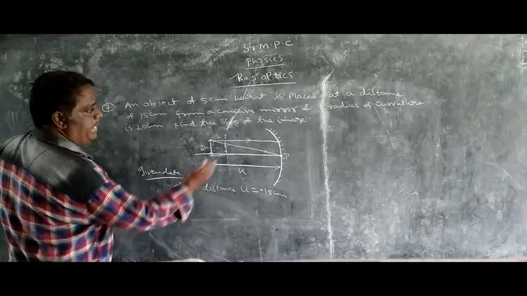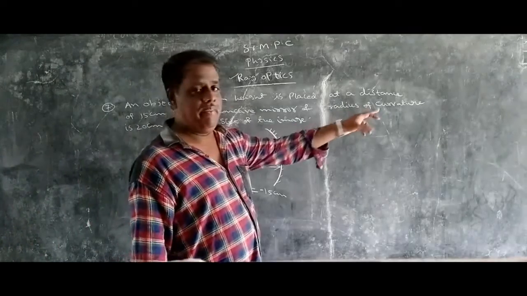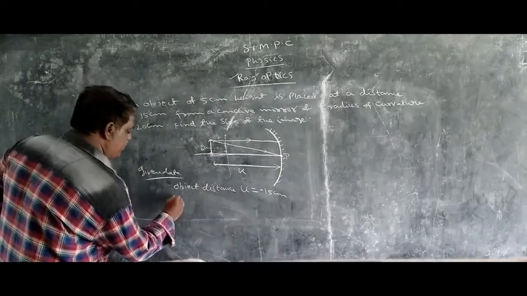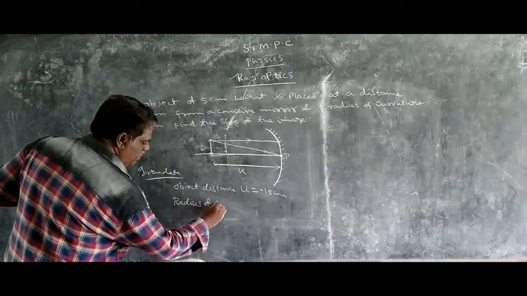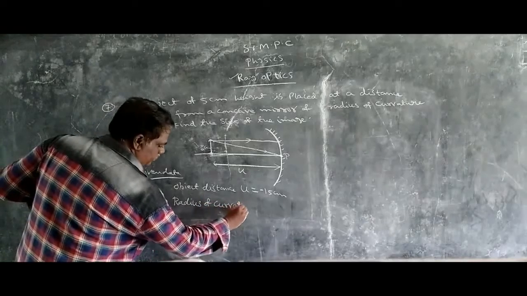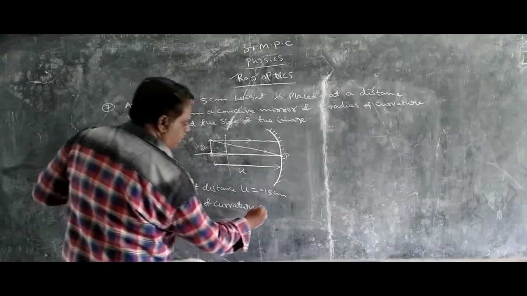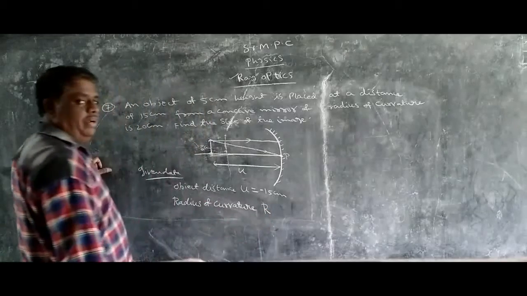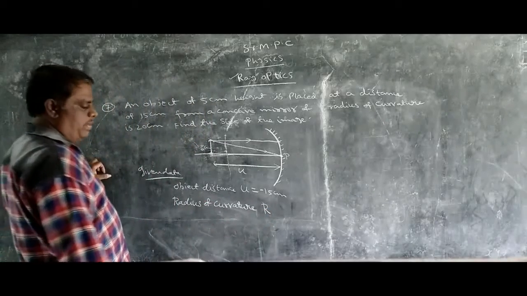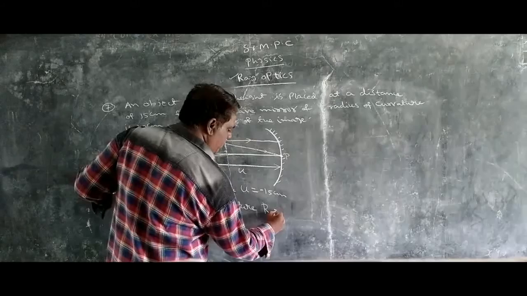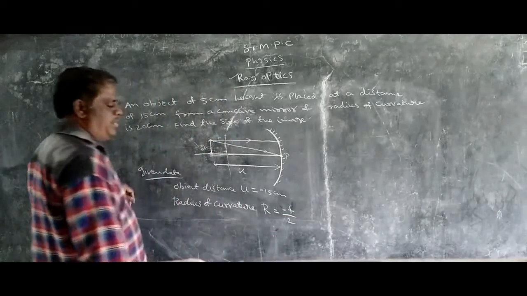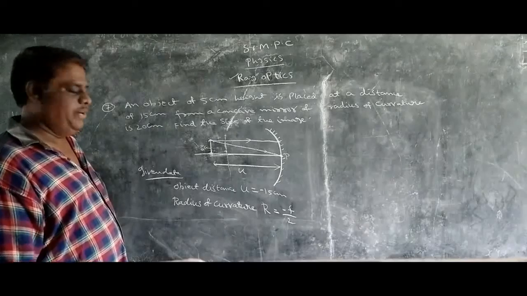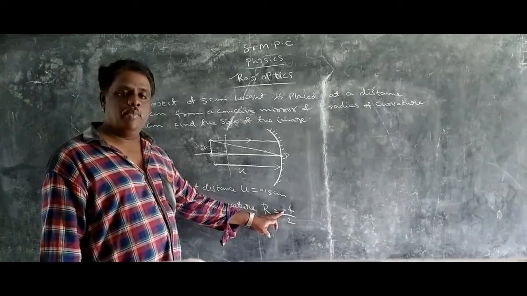And then they are given the radius of curvature. The radius of curvature should be denoted with R. For a concave mirror, focal length will always be negative. So then this formula becomes R is equal to minus f by 2. This minus sign is for the concave mirror.